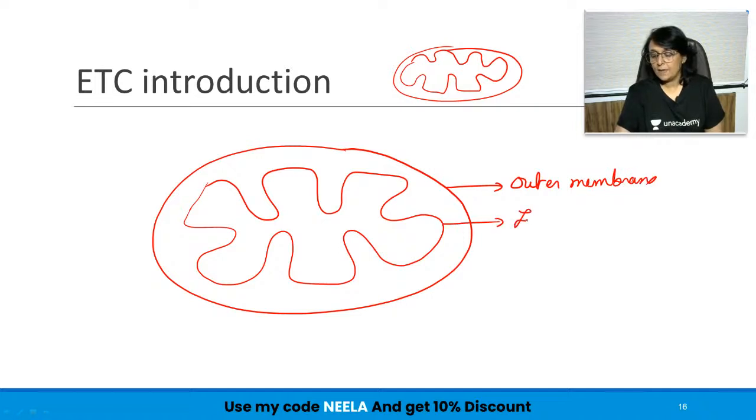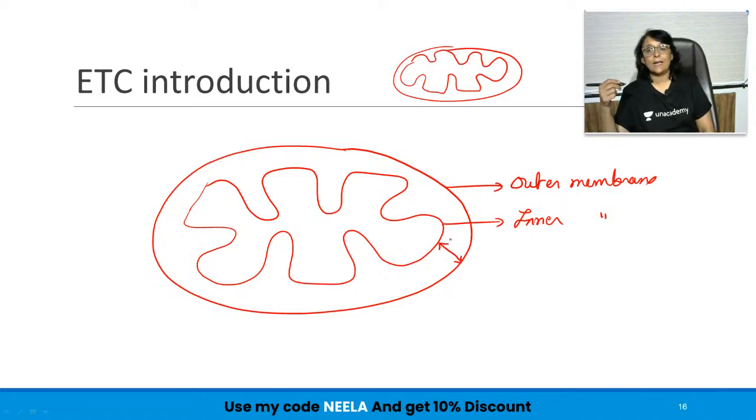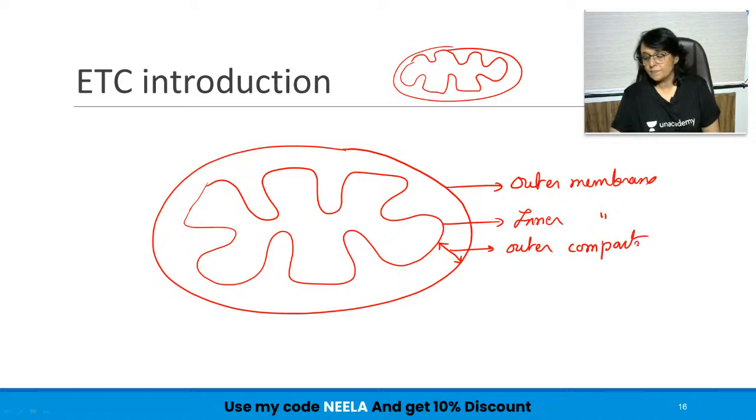This is the inner membrane, and this outer area, that means the space between outer membrane and inner membrane, is called the outer compartment, or it is also known as perimitochondrial space.